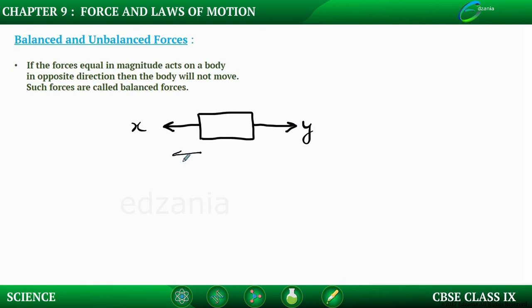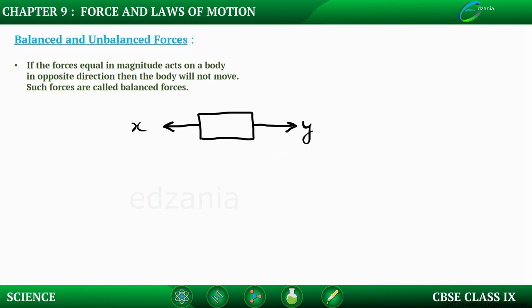Say a force F1 is applied towards left, then this box will move towards X, that is towards left.